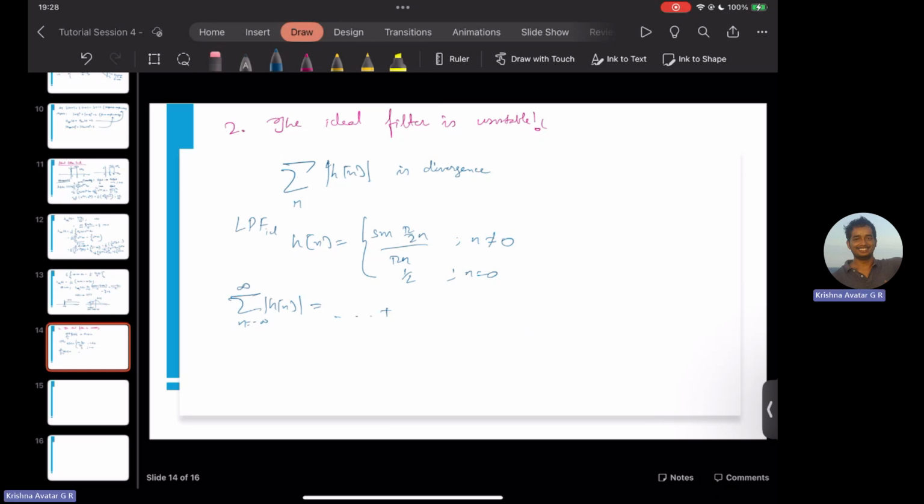Start from n equal to 0: you have plus half, plus, for n equal to 1, sine of pi by 2 divided by pi, so it becomes 1 by pi. Likewise, for n equal to 2, you have sine pi, so it becomes 0. However, when you put n equal to 3, it becomes 3 pi by 2, and the magnitude will be 1, so it becomes 1 by 3 pi.